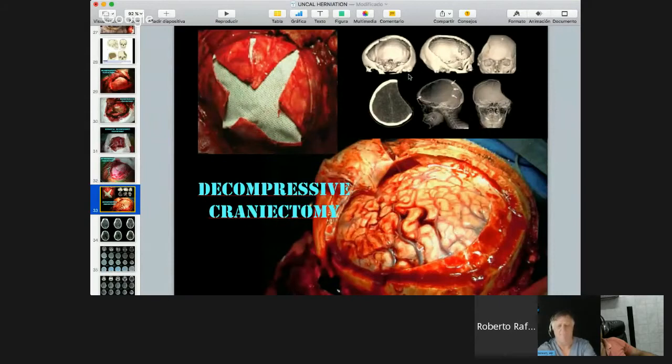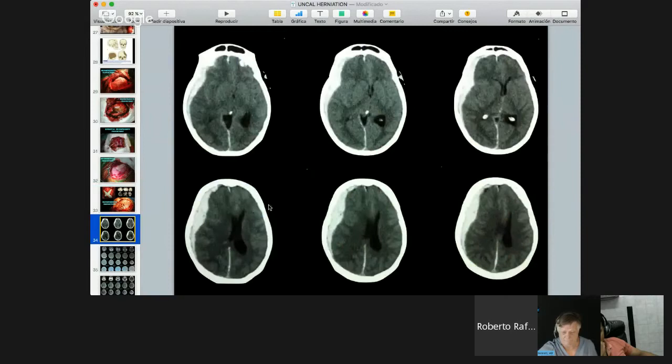This is the big decompressive craniectomy, and the CT scan after relieving the intracranial hypertension. This is an example in a big subdural hematoma here with important mass effect on the midline and on the ventricular system.